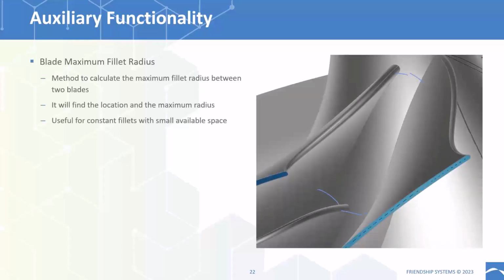One is related to fillets as well. As we just talked about, there is a command to get the maximum fillet radius between two blades, which will give you the location and the value for the maximum fillet radius, which is useful if you have constant fillets at the blade roots within a confined space.